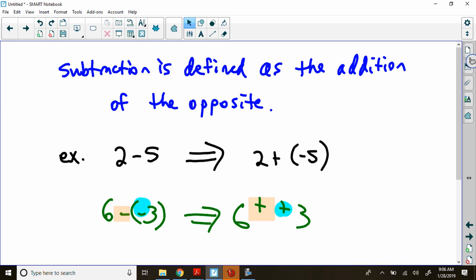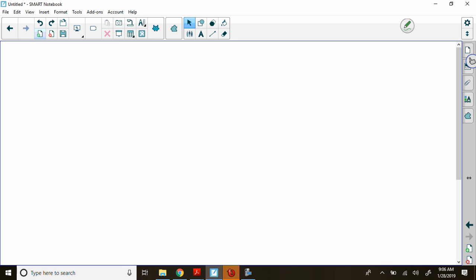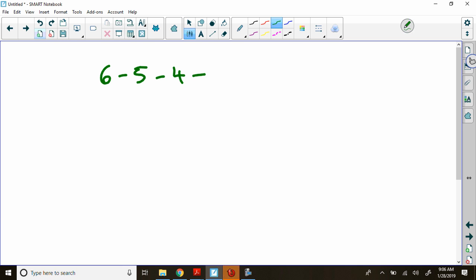So if you convert everything to that, then you could feasibly use the commutative property if you switch everything over to addition and then think in terms of commuting those terms that are being added. What I mean by that is if you had 6 minus 5 minus 4 minus 3 minus 1.